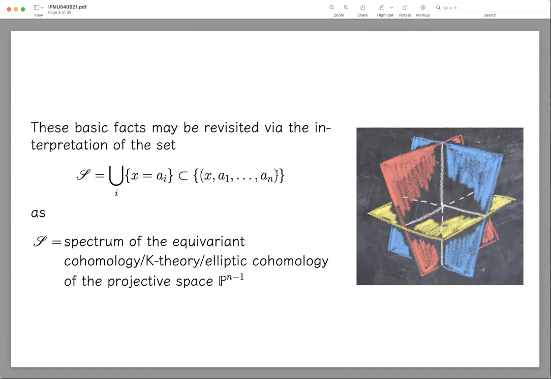The set is the union of either hyperplanes or subtori or abelian subvarieties where x is equal to one of the ai. And from that set, we interpolate to the ambient vector space or the ambient torus or the ambient product of elliptic curves. And we were going to interpret that set as the spectrum of the equivariant cohomology or equivariant K-theory or equivariant elliptic cohomology of a very simple algebraic manifold, namely projective space.